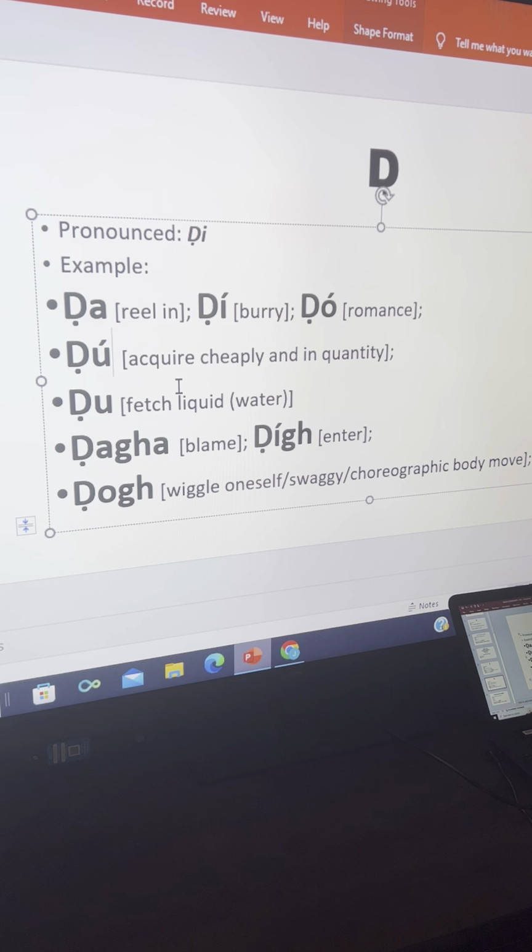Do means acquire cheaply. Acquire things cheaply and in quantity. It's like you saw something being auctioned and you bought them in quantity. Do or doge, that is the continuous tense of that word, or duyon is another expression.